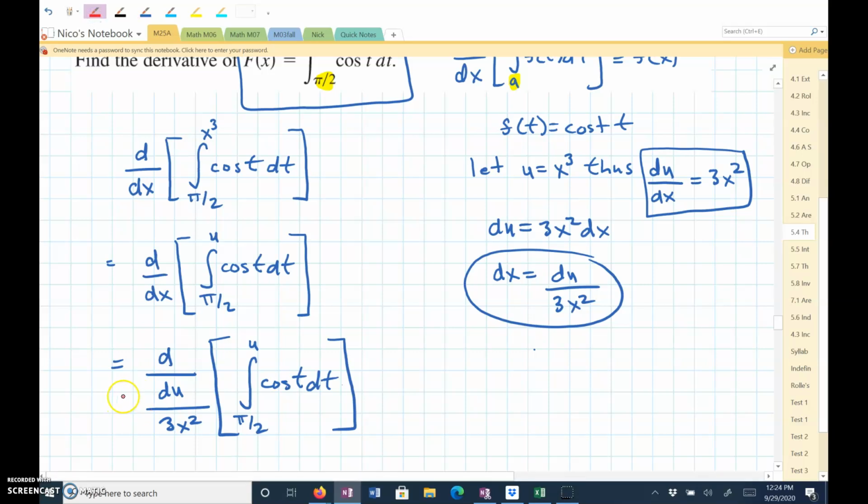And then notice here I can multiply the numerator and the denominator by 3x squared. So now I have 3x squared d over du, because these cancel out.